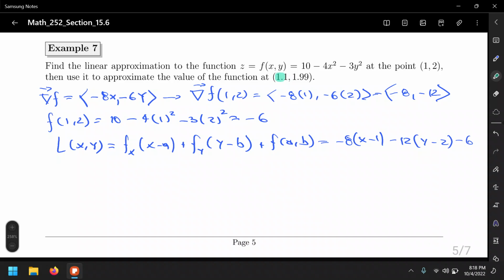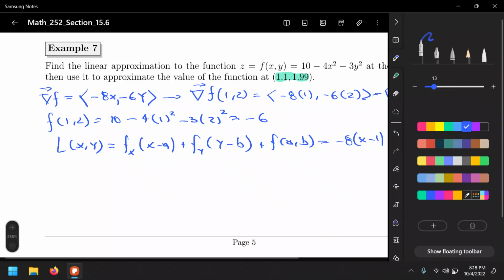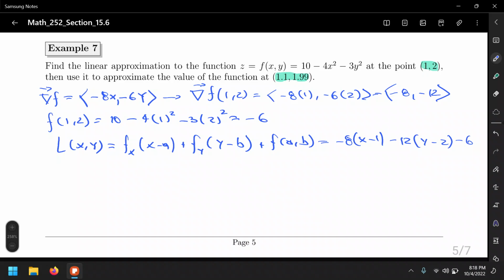Do you see how the point (1.1, 1.99) is not too far away from the point (1, 2)? Yeah, so that's going to give us a somewhat decent approximation. But can I use this approximation to maybe estimate (5, 7)? Maybe not, right? So, all right, let's see.